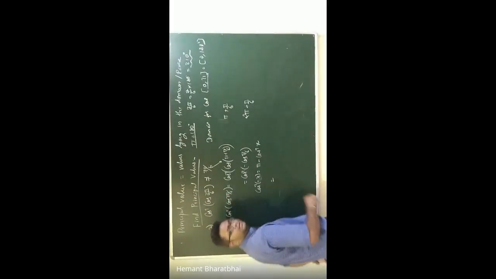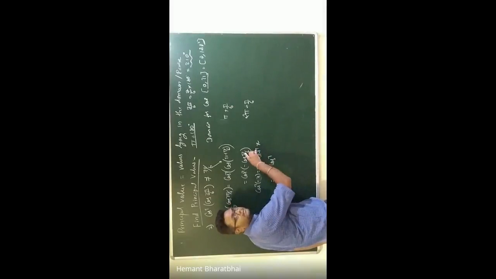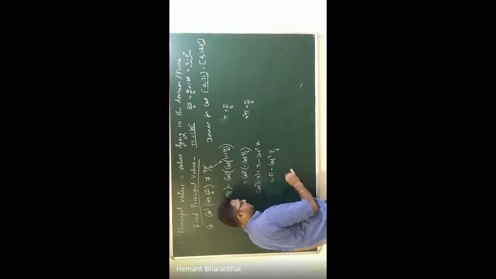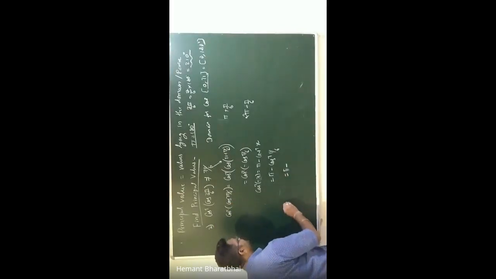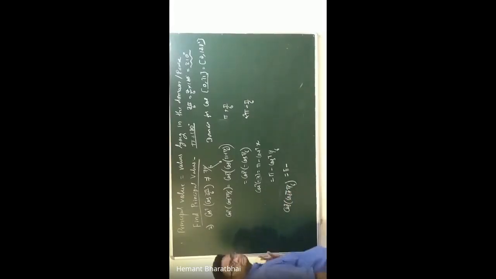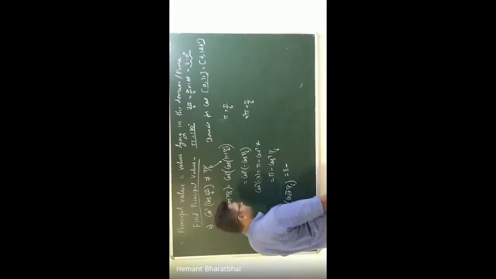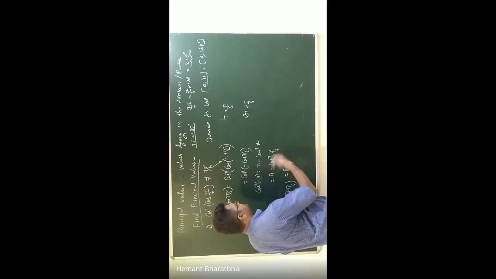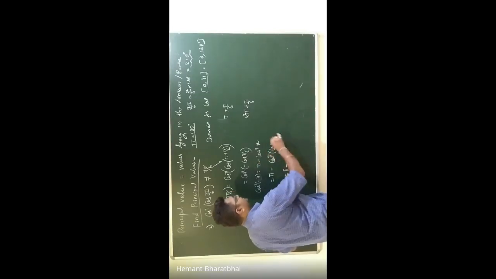Here x is pi by 6. So this will be pi minus cos inverse of cos of pi by 6.